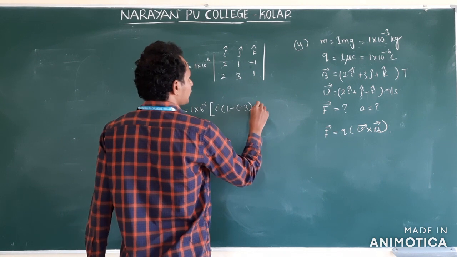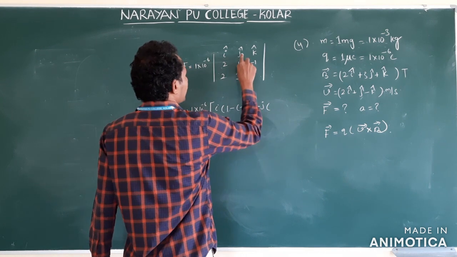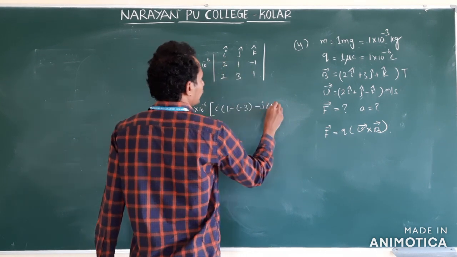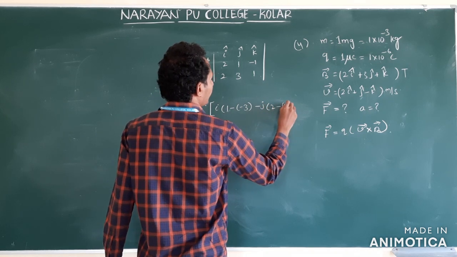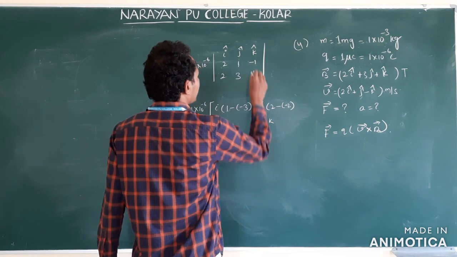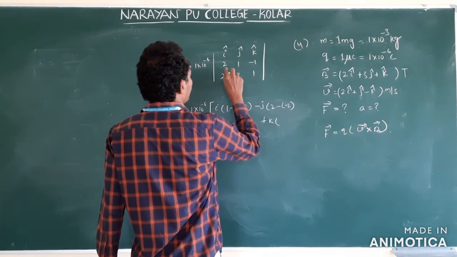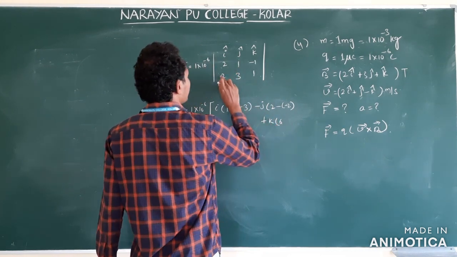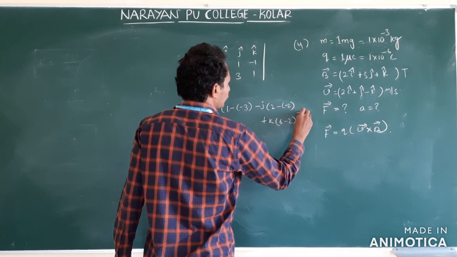Next minus j, leave this row and column, 2 into 1, 2 minus of minus 2. Plus k, 2 into 3, 6 minus 2.